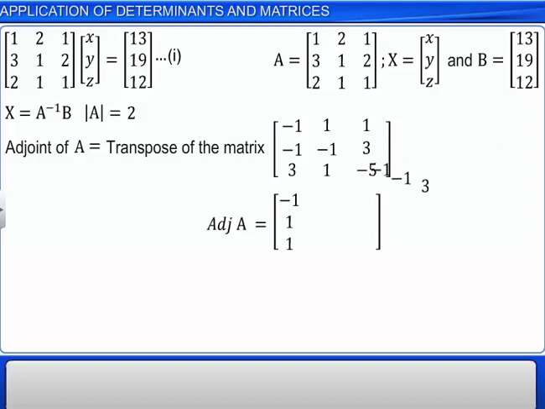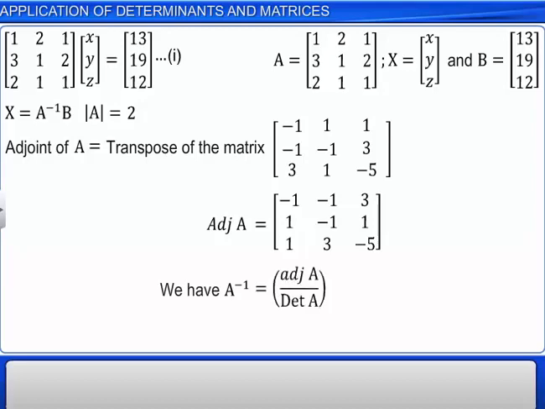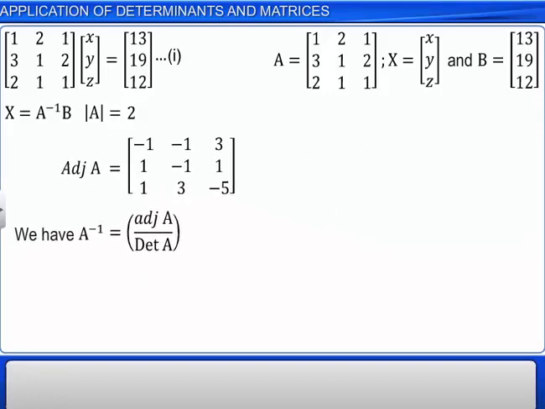Now, A inverse is equal to adjoint of A divided by determinant of A. On evaluating A inverse, we get the matrix as shown.